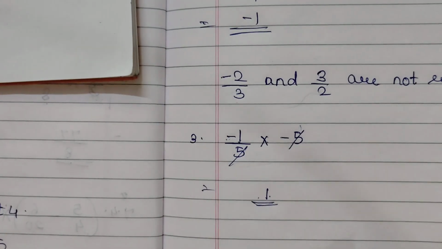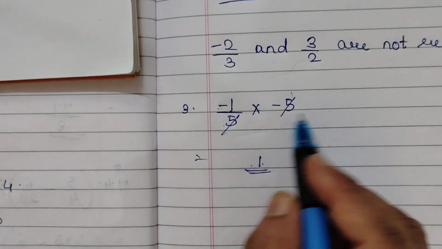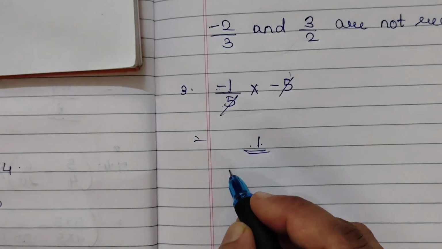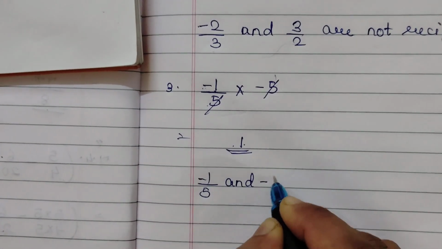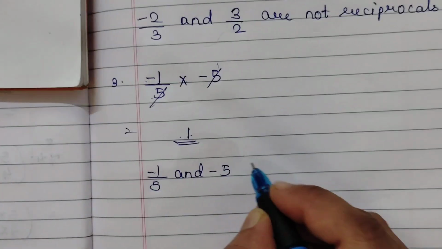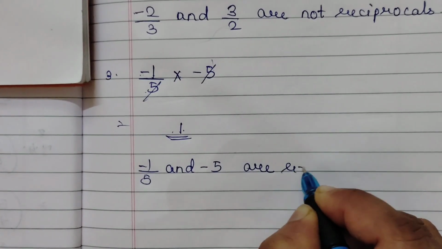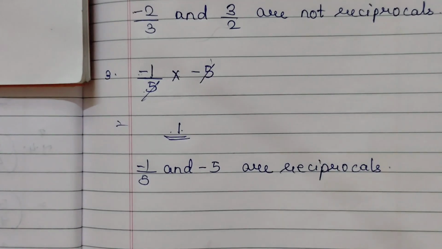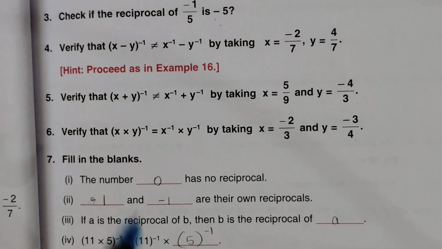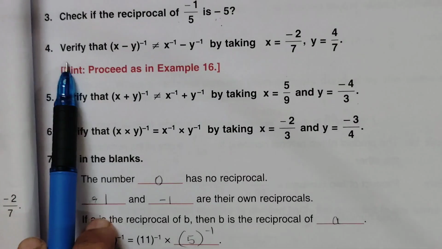So only 1 we got. So yes, they are the reciprocals. Okay, so what will we write? Minus 1 upon 5 and minus 5 are reciprocals.